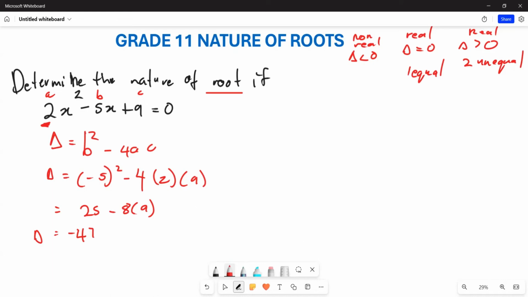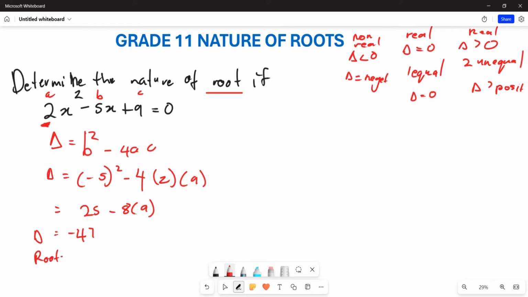Now, if you check the value, your delta here is negative, here your delta is equal to 0, and your delta here is positive, which means it's a positive number. Now that you have that, the negative 47 is going to belong to what root?